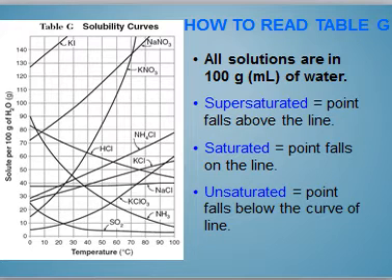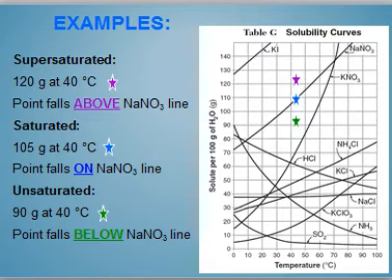We're going to do lots of examples based on Table G tomorrow, but just to give you an idea, we have a star to show you when you're going to be supersaturated, saturated, or unsaturated. If I was talking about NaNO3, I'm going to find the NaNO3 line. Here it says NaNO3. See how there's an arrow that points to it? So we're looking at this line right here. There's a purple star to show you that if I was at, let's say, 120 grams and 40 degrees Celsius, I'm above the line.